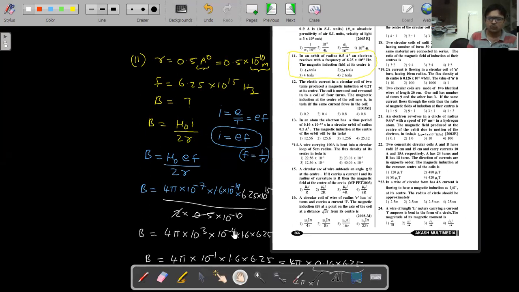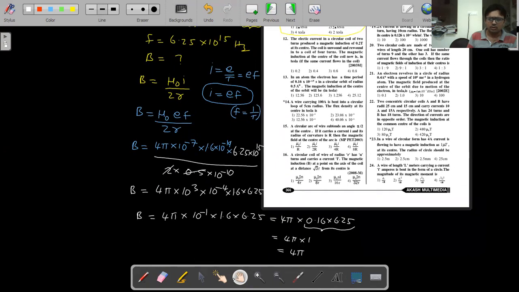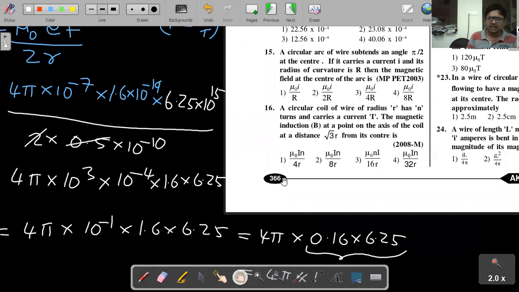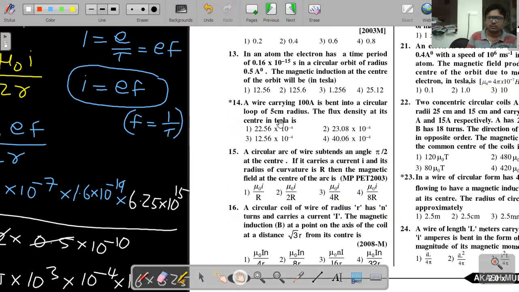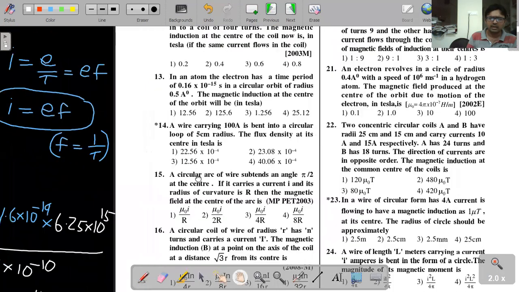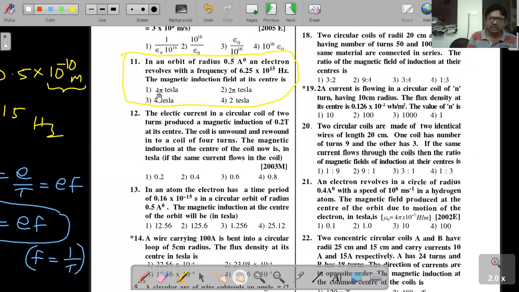Why didn't you substitute the pi value, sir? Because at the very start I observed the question. When I observe the question, they have given the values in the options as 4 pi, 2 pi, like that. 4 Tesla, 2 Tesla is there, but the first option and second option they gave in terms of pi.